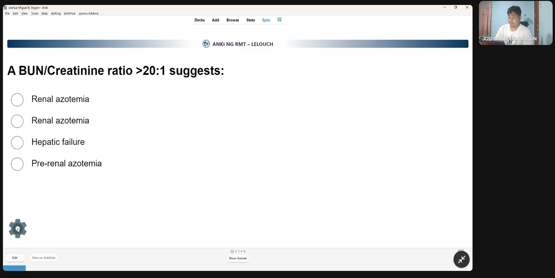I don't know that. BUN and creatinine ratio, I gotta read that. So the BUN and creatinine ratio identifies the type of kidney dysfunction. Ratio is 10 to 1, or 20 to 1.